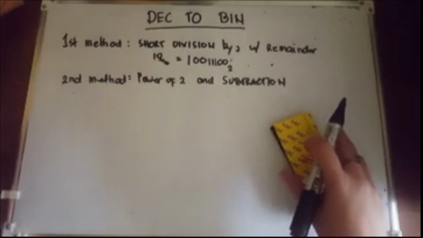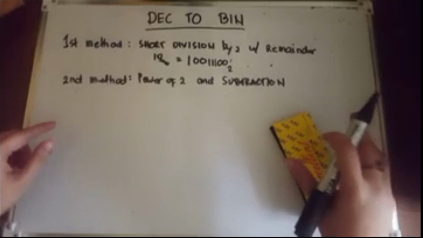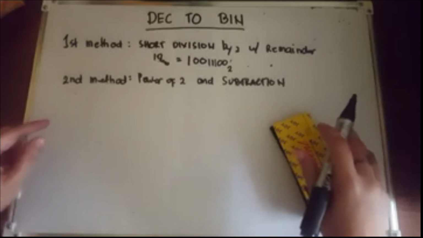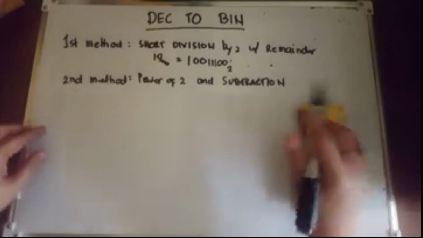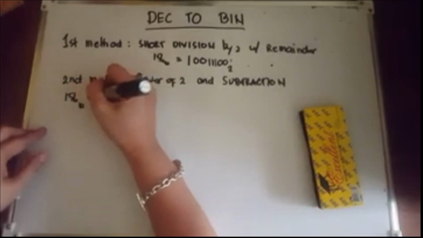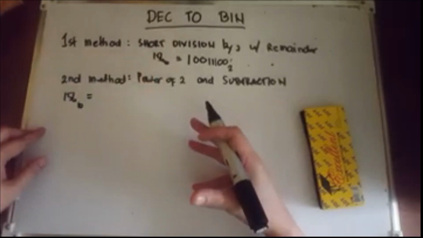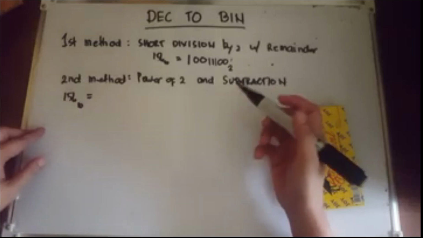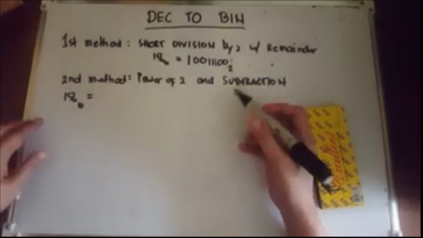So the decimal value is 156 and it arrives at the binary value 10011100. To continue, I'm going to use the same decimal value 156 base 10, and then we are going to see if we come up with the same binary combination.